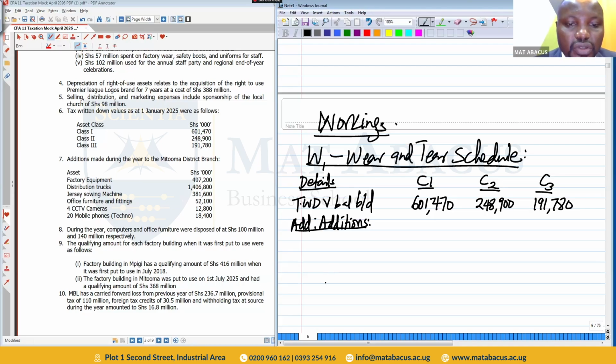You do not have to consider the location of the assets. Whether they are in branch A or branch B or up country in Kampala, that does not matter. Here we have a factory equipment. Given that it is a factory, it will be in class 2, meaning it is used in manufacturing.